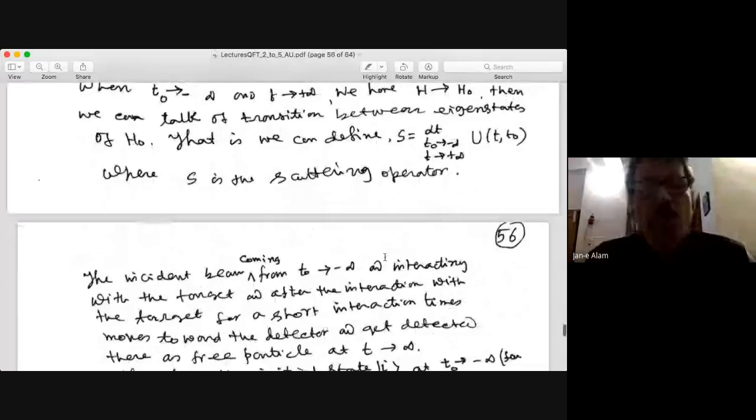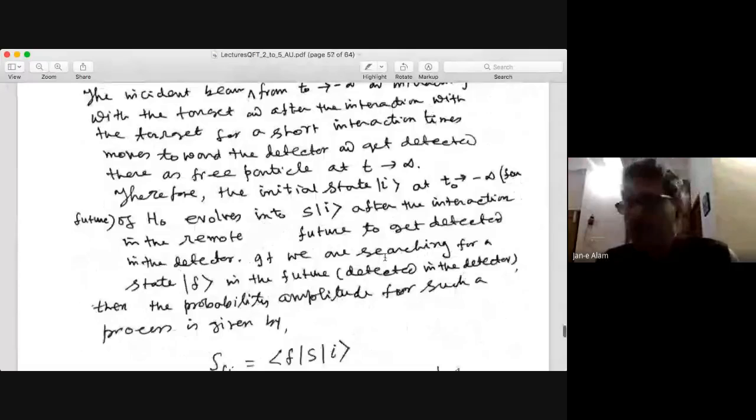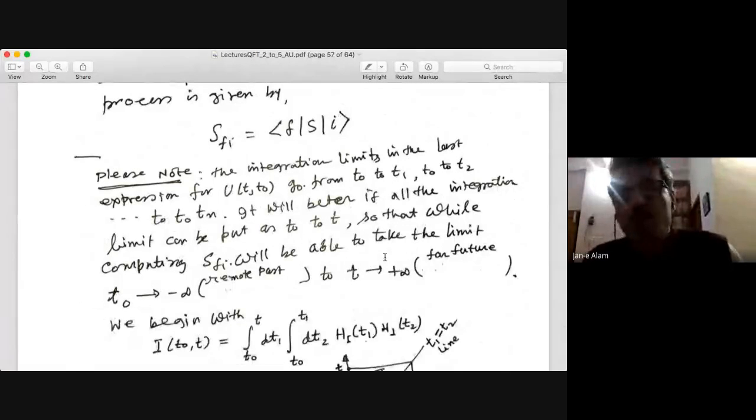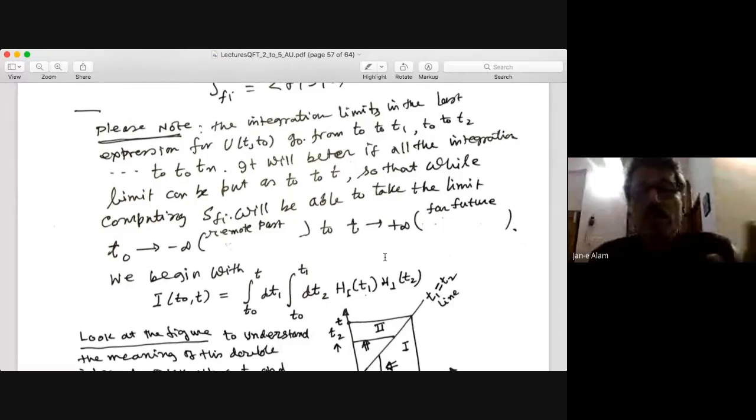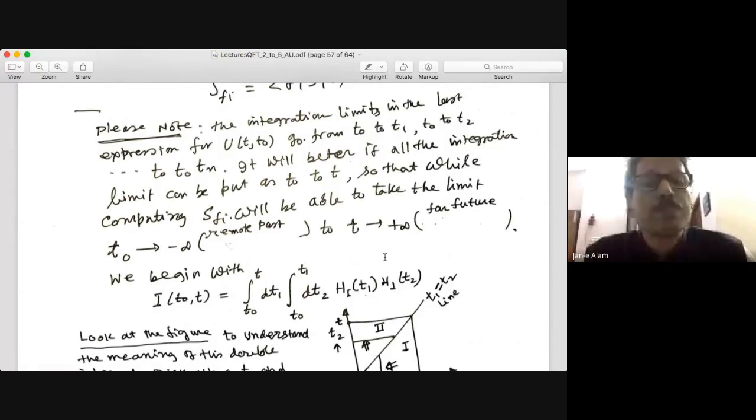For that, you have to do some algebra again. These are the very salient points of these calculations, but you have to know them if you want to know the formalism well. Please note that the integration limit is different: T0 to T1, T0 to T2, and T0 to Tn. So all the upper limits are different.